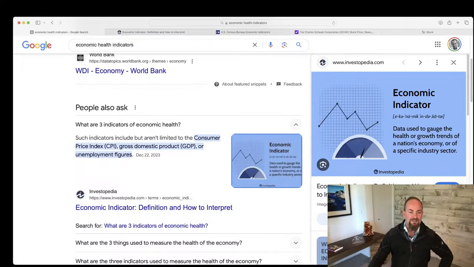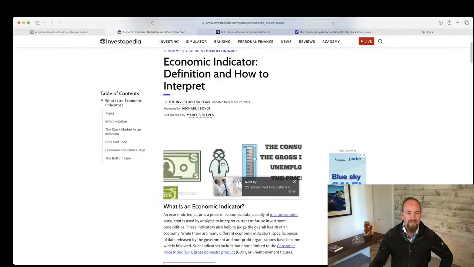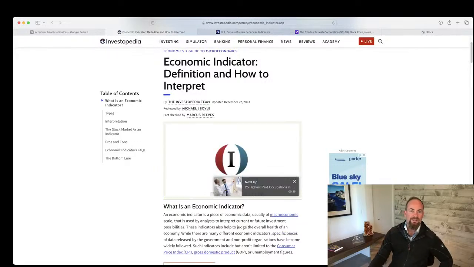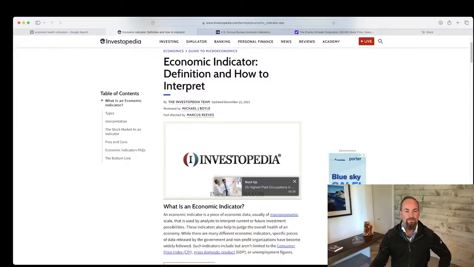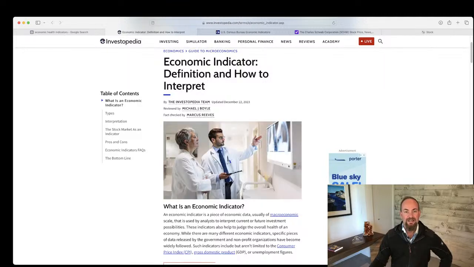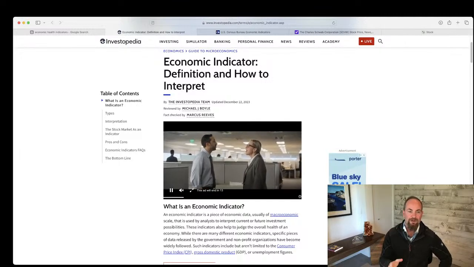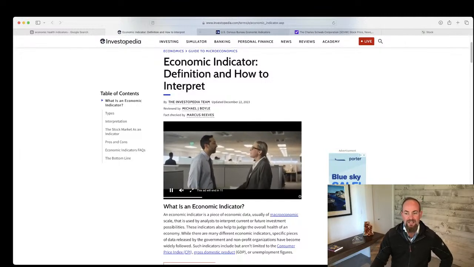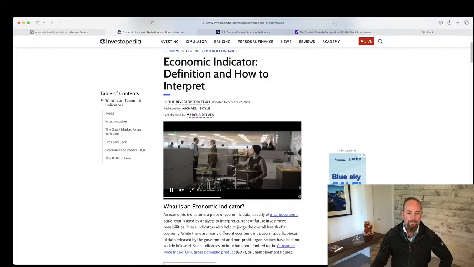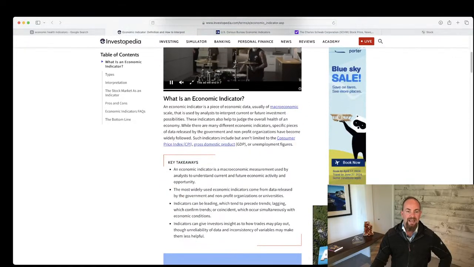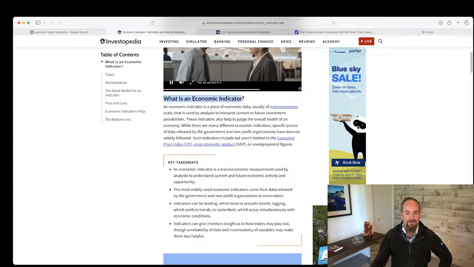So I wanted to share with you a site that I really, really like. It's called Investopedia. I hope you're familiar with it. If not, as you want to learn more and more about the stock market and investing, this is a great resource for you. And it's talking about what is an economic indicator.